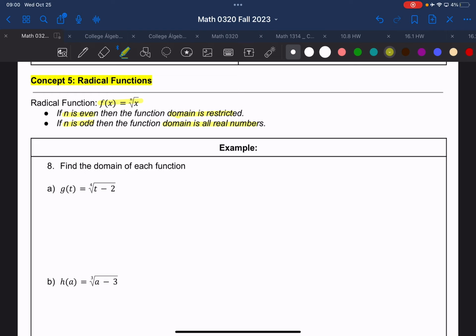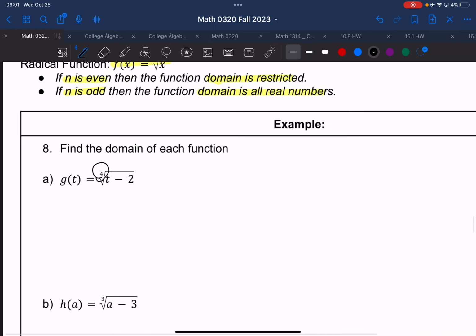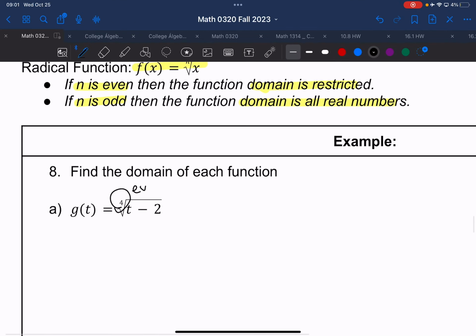Okay? So looking at part A, it says g of t is equal to the fourth root of t minus 2. That fourth root is what? Even or odd? Good, it's even. Since it's even, that means the domain is restricted.